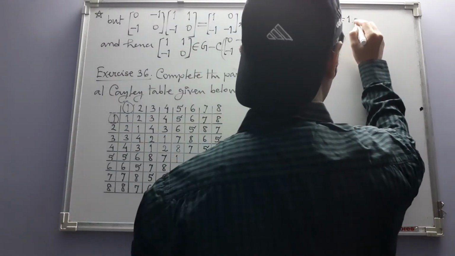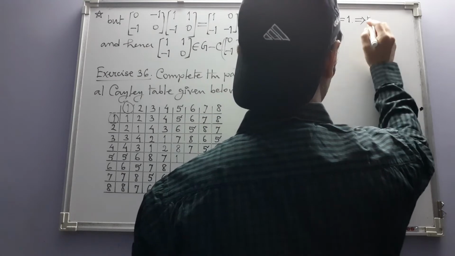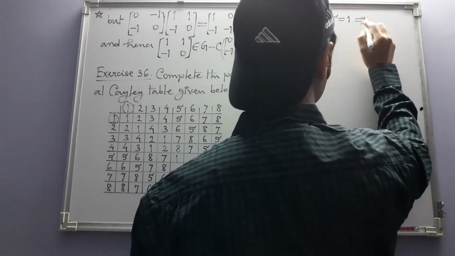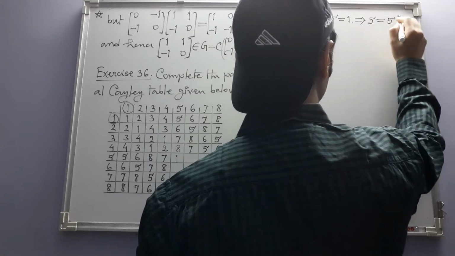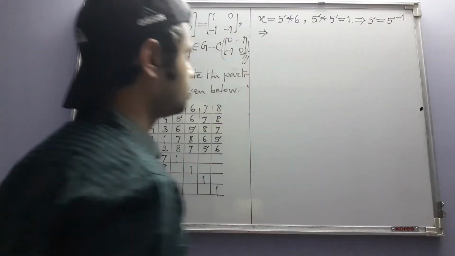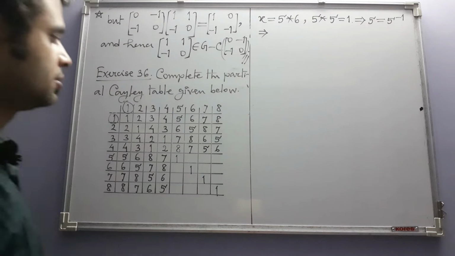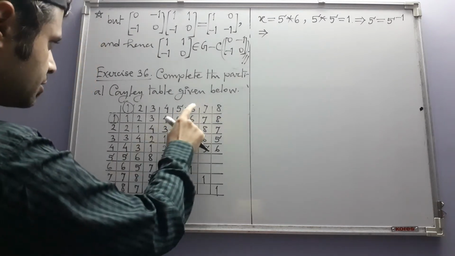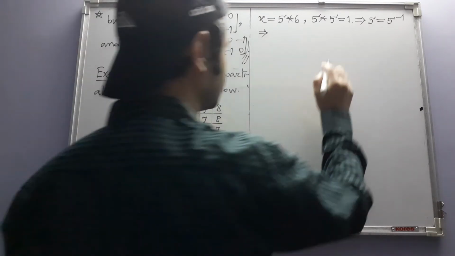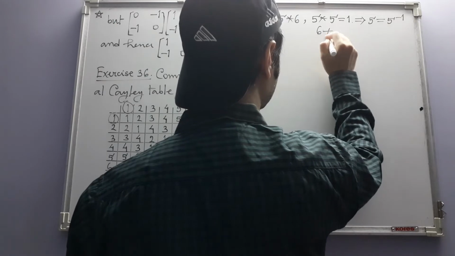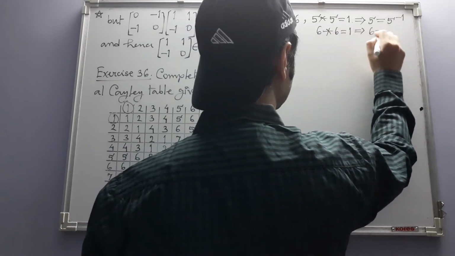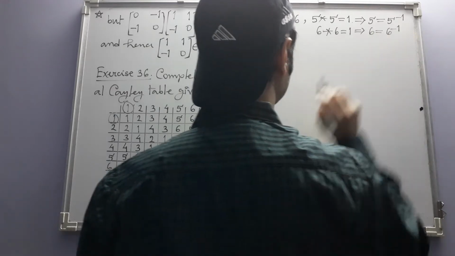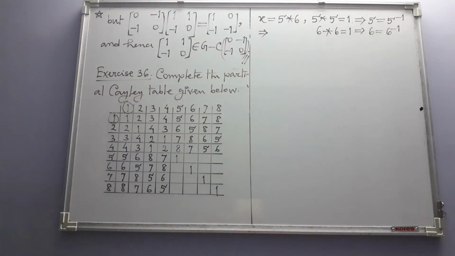Okay, so from here, assuming that this is a group, we get 5 equal to 5 inverse. Similarly, 6 star 6 is also equal to 1. So that also gives us 6 is equal to 6 inverse.